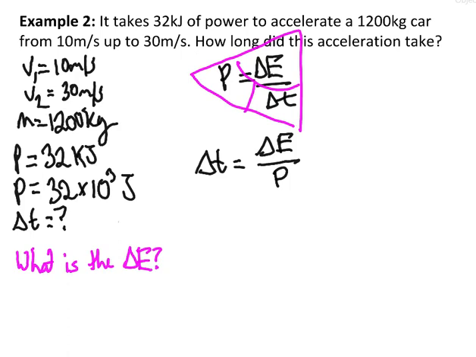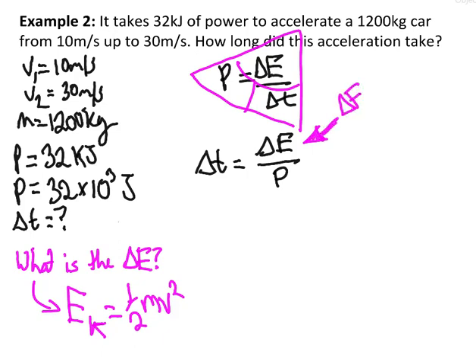If I look at this car, I'm not told this car is going up a hill, so it doesn't seem like there's a gravitational energy that's changing here, but I am told the car is speeding up. So it looks like that delta E is a change in kinetic energy, and kinetic energy is a half mv squared. So that means what I'll plug in for delta E here is going to be EK2, a kinetic energy 2, minus a kinetic energy 1.